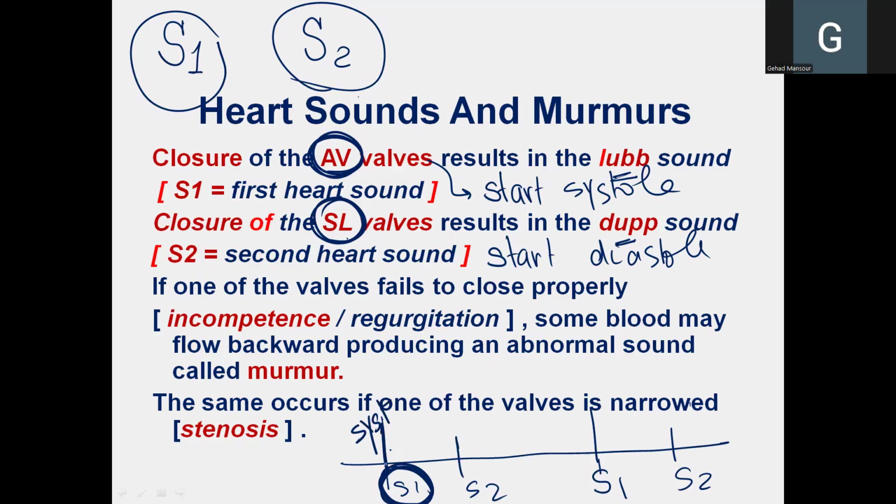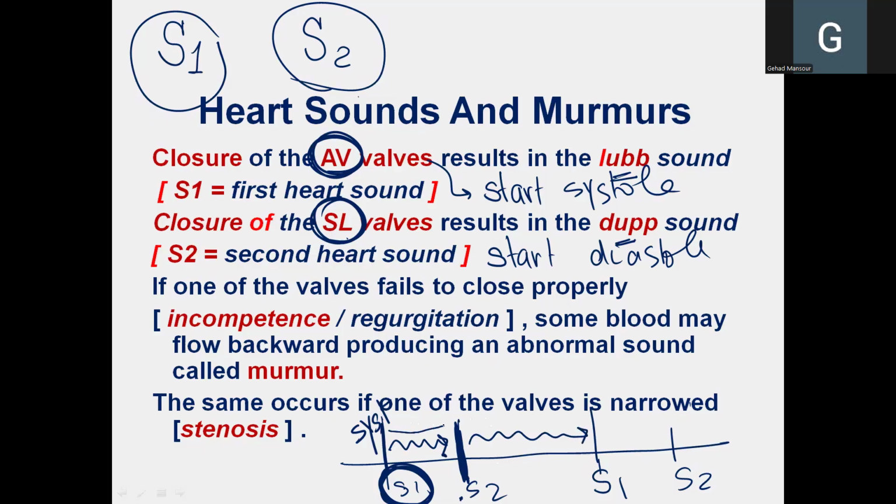So if this is the beginning of systole, then the distance between S1 and S2, what does this represent? It represents systole. And then S2 is closure of the semi-lunar valves at the beginning of diastole.